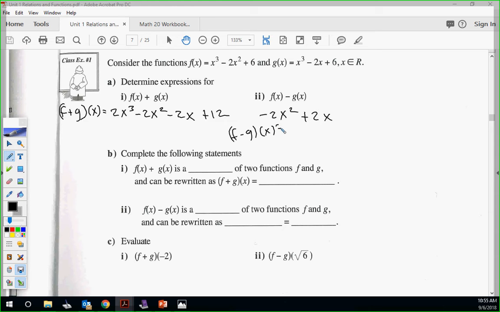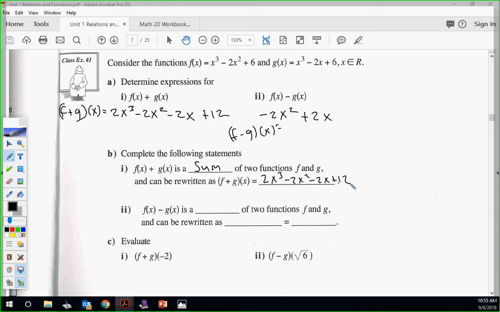Okay, so to answer these questions, complete the following statements. F of x plus g of x is a blank of two functions f and g. What they're looking for is, what's the mathematical term of what we're doing? Sum, good. And then they want us to write the answer down there. Okay, so that's how it can be rewritten.